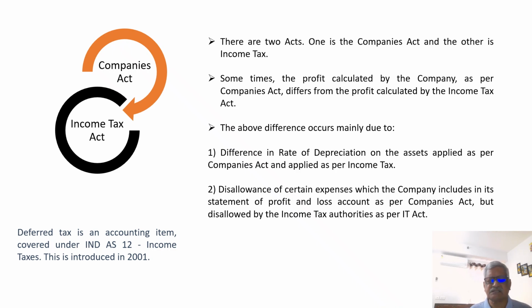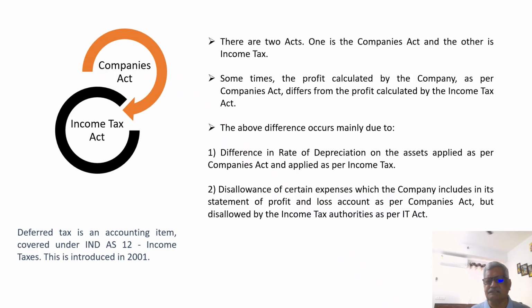There are two acts. One is the Companies Act and the other is the Income Tax Act. Sometimes the profit calculated by the company as per the Companies Act differs from the profit calculated by the Income Tax Act. The above difference occurs mainly due to: 1.